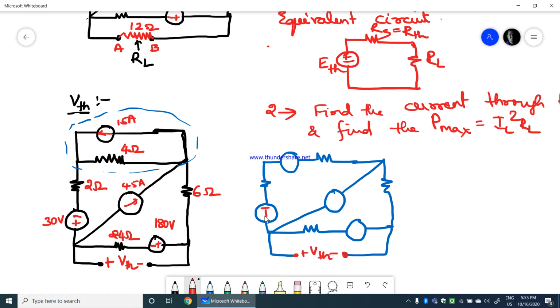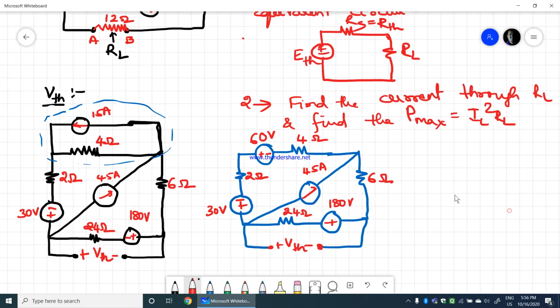This is minus plus 30 volts. This becomes plus minus: 15 into 4, 60 volts, and 4 ohms. This is 2 ohms. This is 6 ohms. This is minus plus 180 volts. This is 45 amps, and then we have 24 ohms. So this is the circuit.